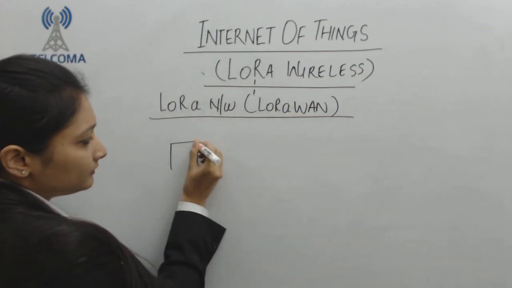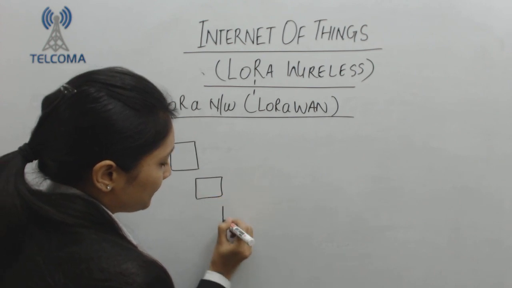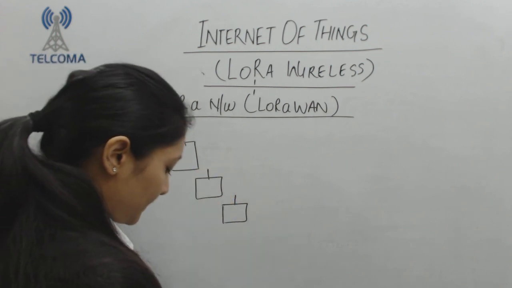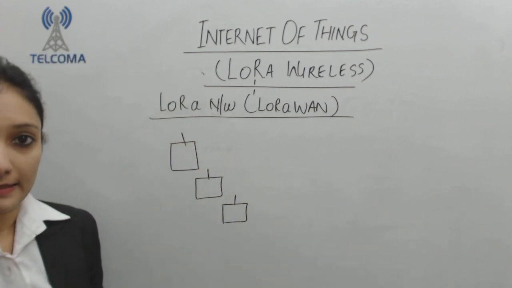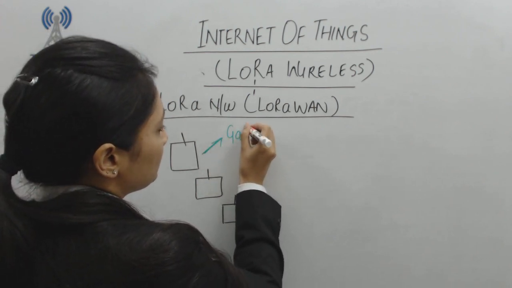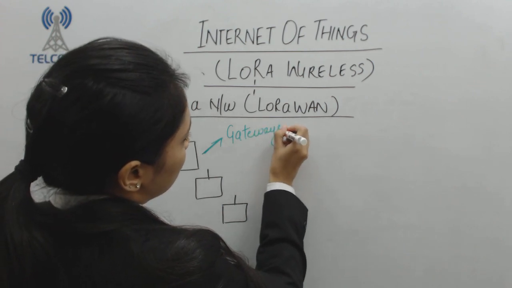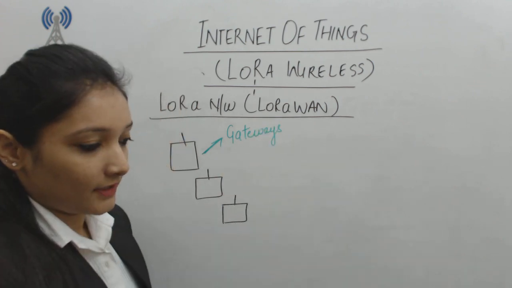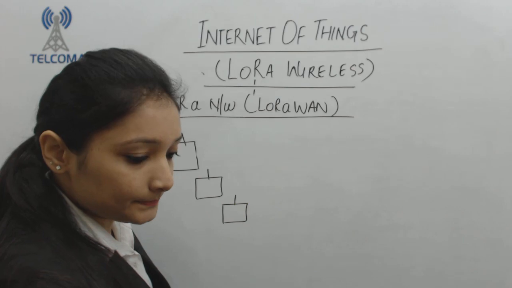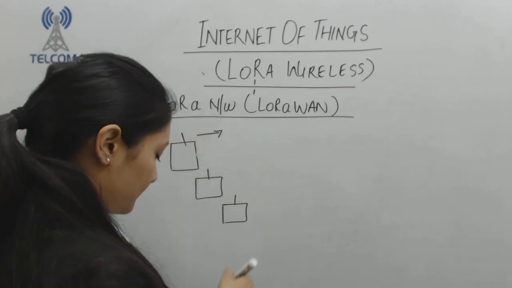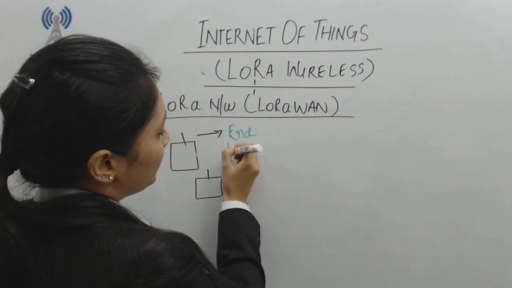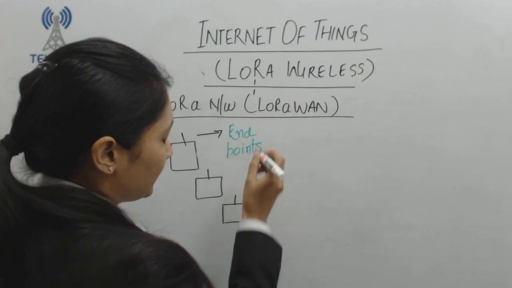Now we have certain elements here. The first element, these are referred to as your endpoints, like your customer equipment.